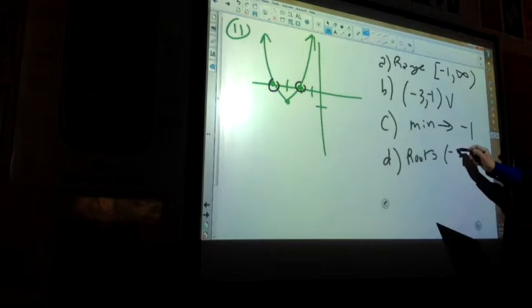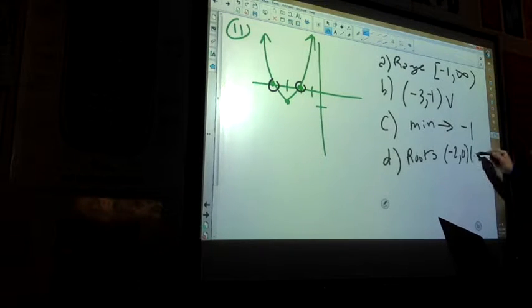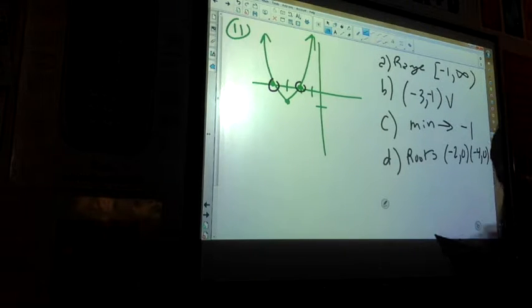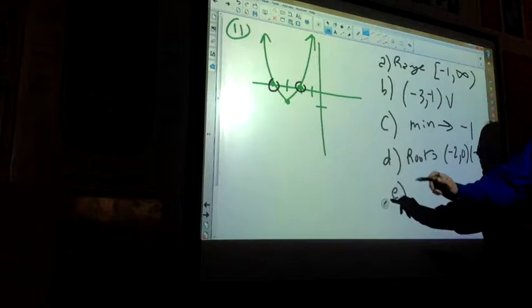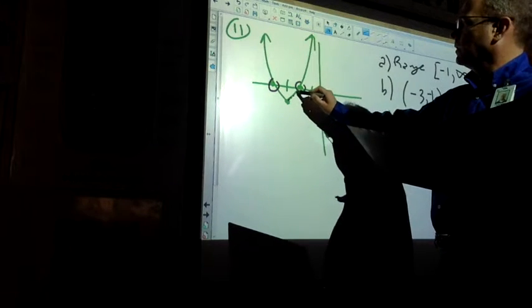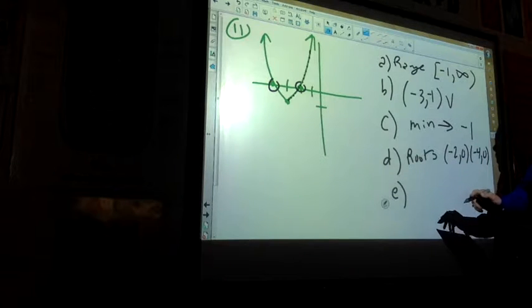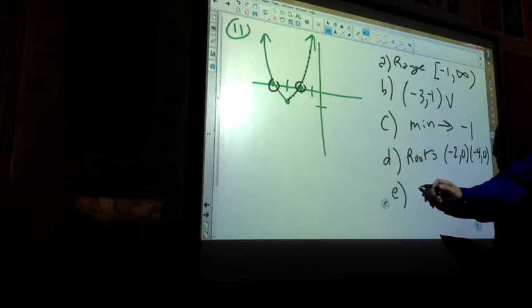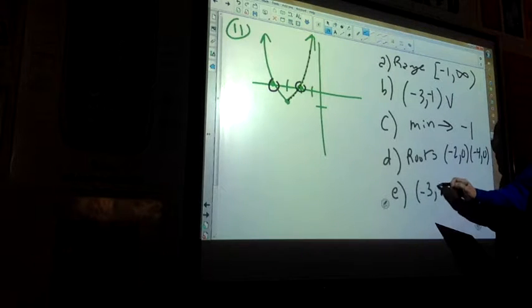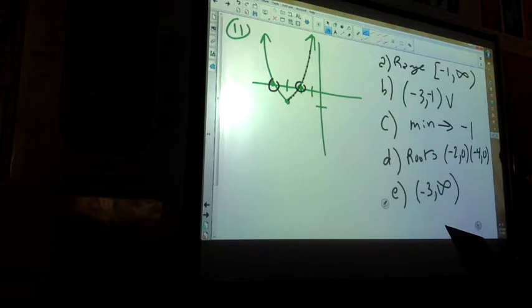So it looks like negative 2, 0 and negative 4, 0. E, intervals where it's increasing. So it's increasing here. Okay, so it's going to be increasing from negative 3 all the way up to infinity.